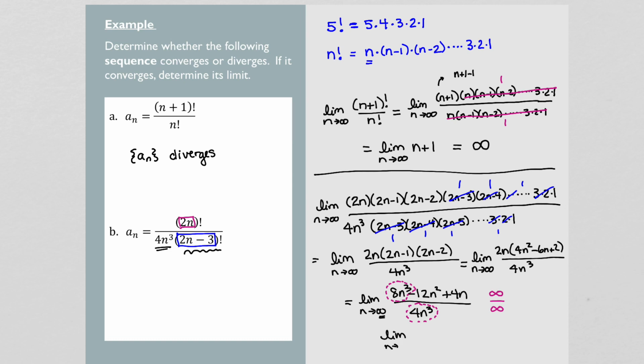So I really only need to focus on 8n cubed over 4n cubed, and that's just 2. That is a finite number, and therefore we say that limit does exist. In fact, our sequence a sub n converges, and it converges to 2.